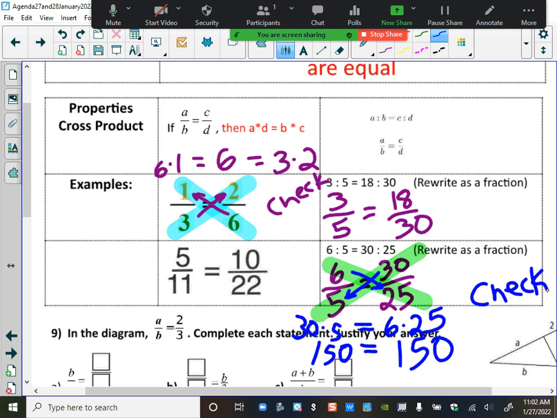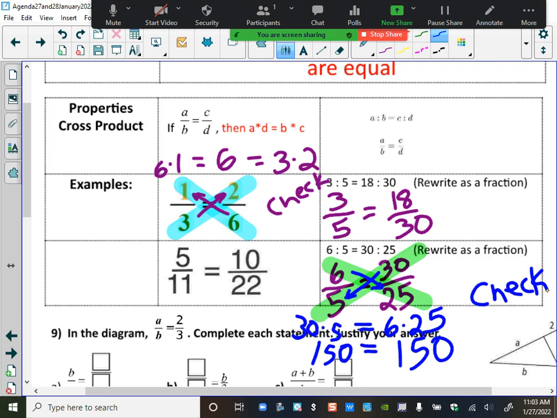Now the reason why I wanted to tell you all about this way, because on a homework, which I think I'm going to postpone giving today, because only about half of us are here. I mean, if you want to look at it, you can. Up to you. You're not going to get that far. But what it is, there were some problems where the proportion was written in this form.